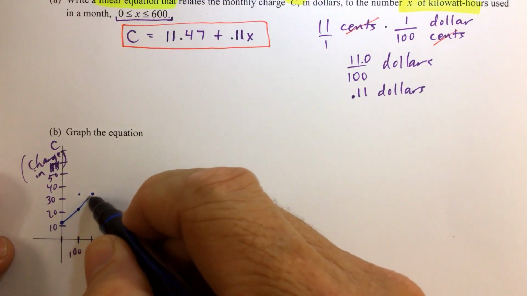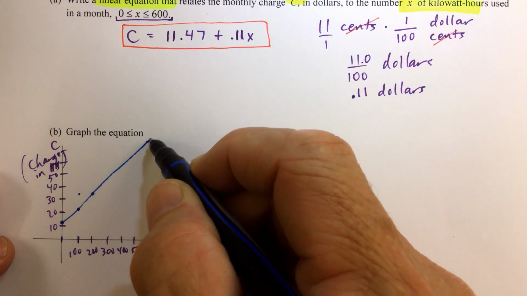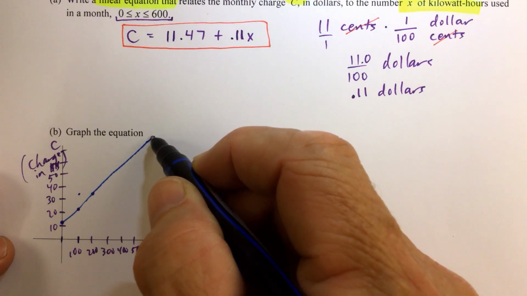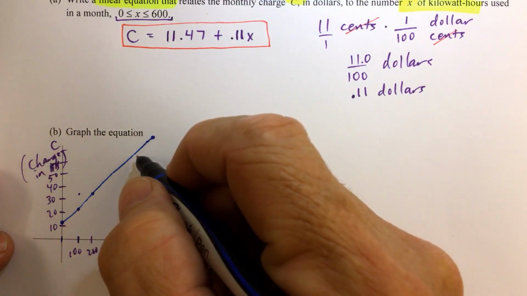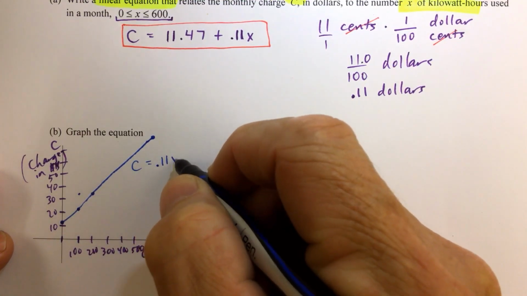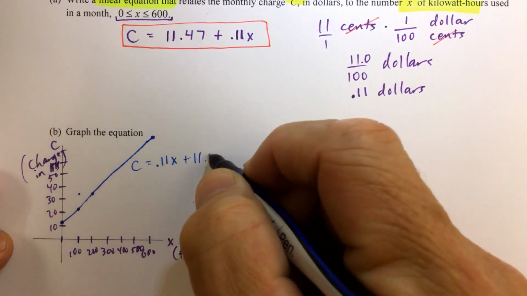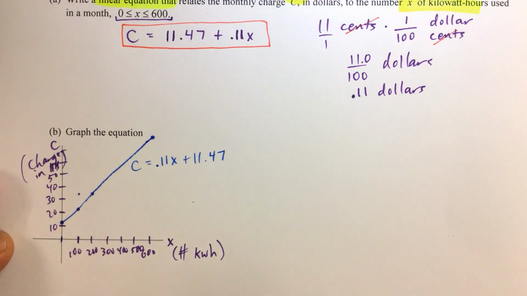Then we draw a straight line somewhere in the neighborhood of there. That's graphing the equation. And that's about it. We can write the equation of that line: 0.11x plus 11.47. That's the equation of that line, and again, it has a limited domain.